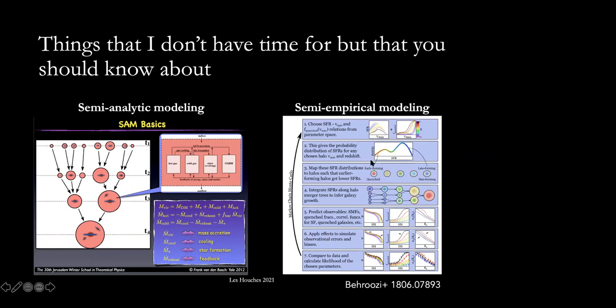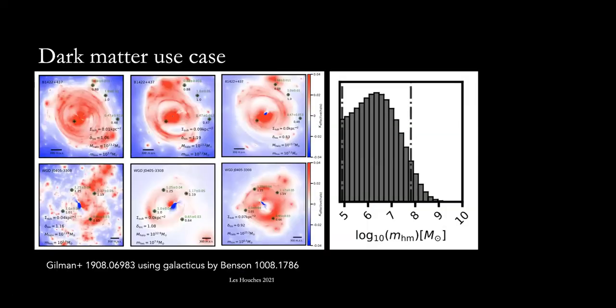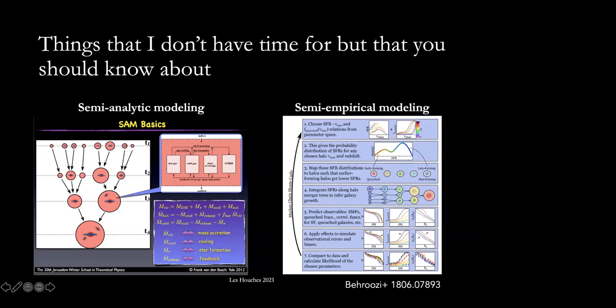So if you're interested in these, check out these references and the other references in my document. My group has been working with Andrew Benson's group and observer groups to actually deploy this methodology for studying dark matter physics in the context of strong gravitational lenses.